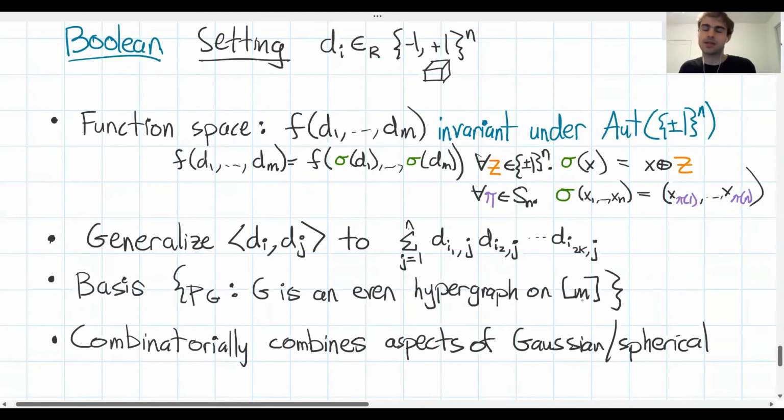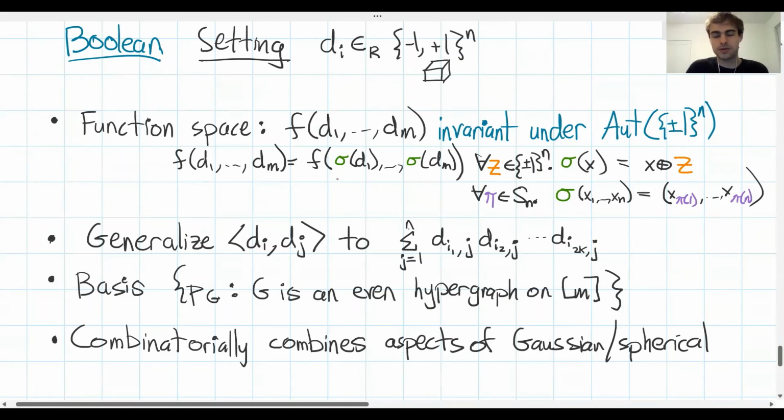Okay, in the Boolean setting, we consider when the DI are uniform from the Boolean hypercube. I should clarify what the function space is now. It's the space of functions of these vectors d1 through dm which are invariant under orthogonal transformations that preserve the hypercube. That is, it's invariant under automorphisms of the hypercube.